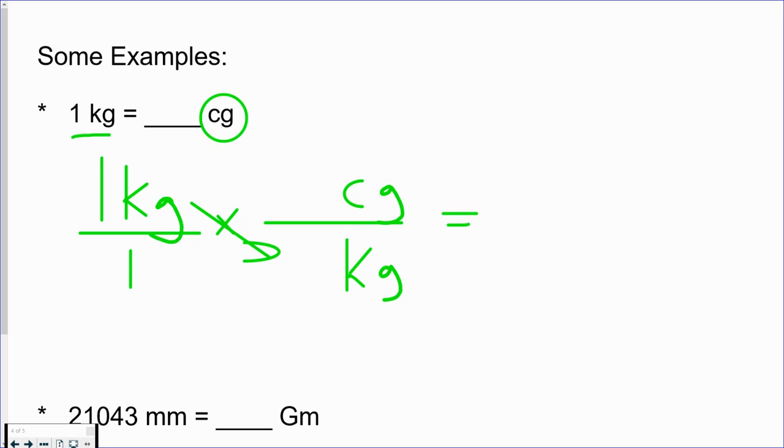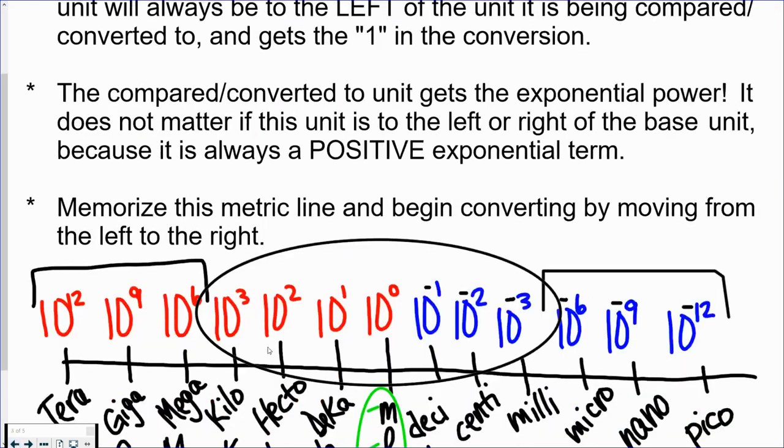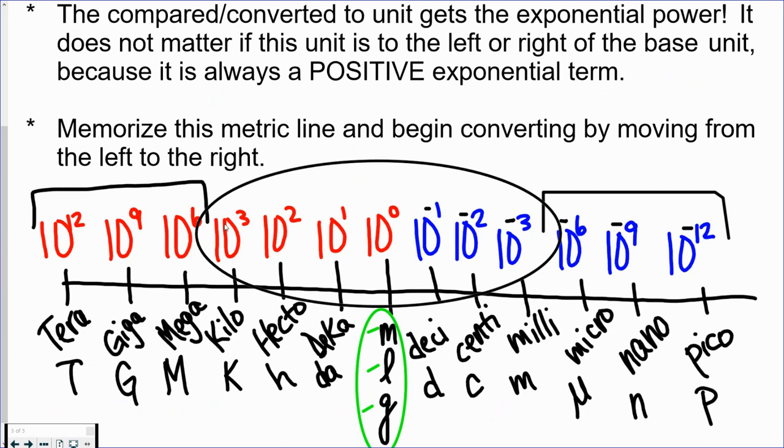So now we have to ask a question. The question is, which is bigger, K or C? If you look at your metric line, K is kilo, that's 10 to the third.